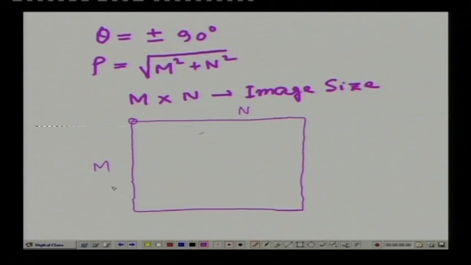And in this you can find that I cannot draw any straight line for which the value of theta will be beyond this range plus minus 90 degree, and the value of rho will go beyond this plus minus square root of m square plus n square.